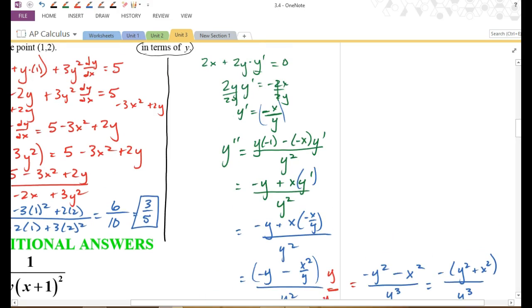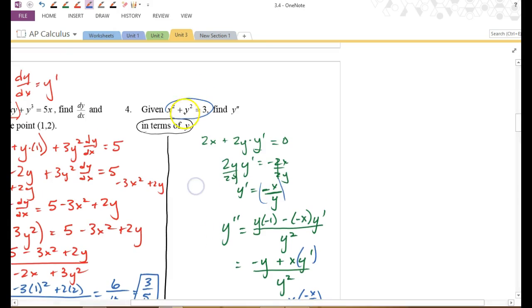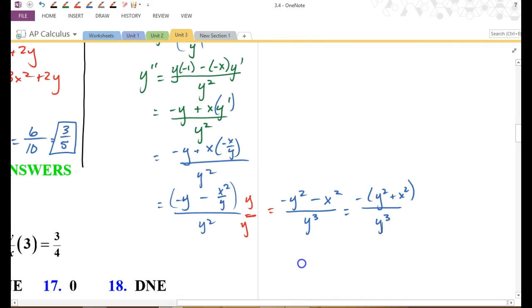Okay, and then at that point I now have that x squared plus y squared or y squared plus x squared is equal to 3. So I can replace that piece with 3. So I'm going to have negative 3 over y cubed. Okay, and at this point I am completely done. I have a second derivative that is in terms of y only. There's no other variable involved.